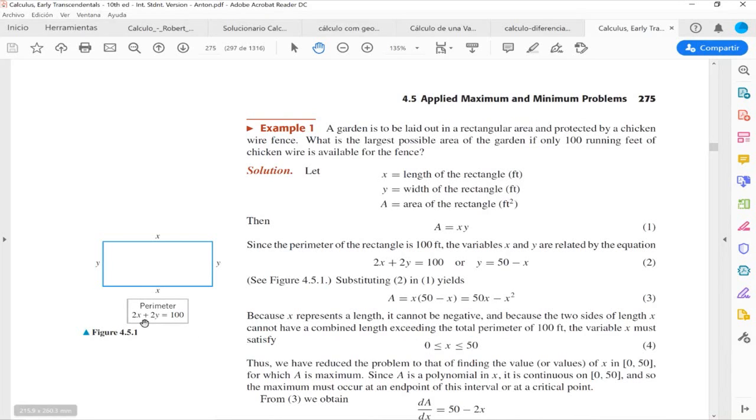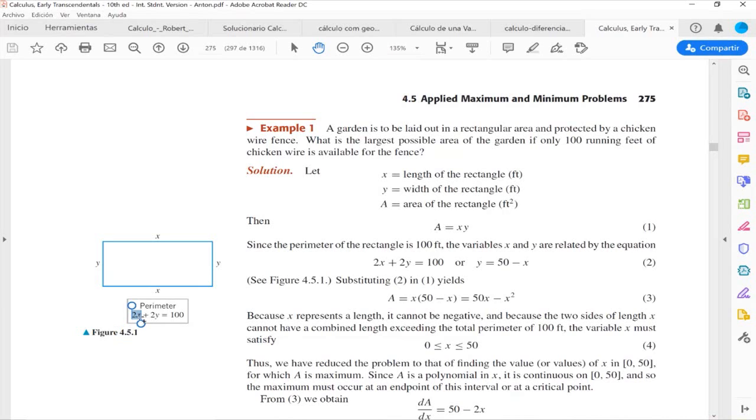Let's see why they find that x is between 0 and 50. When x is 0, then 2y is 100, then y is 50. When x is 0, you don't have any fence. But anyway, near 0, y is 49.99999, and when x grows, y decreases.